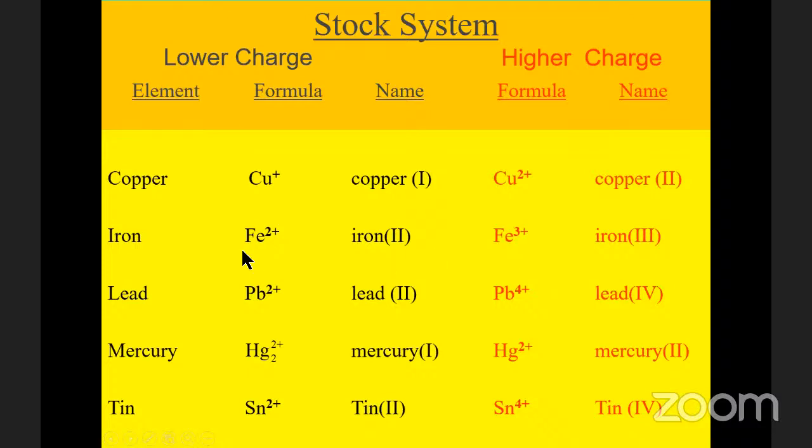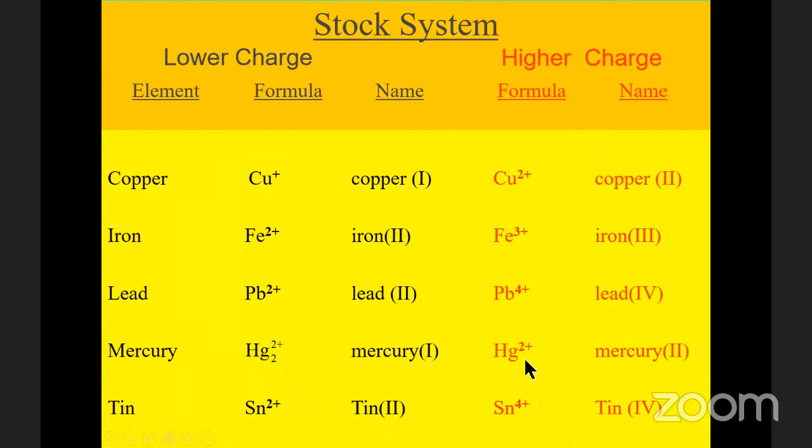Those are the symbols, and these are their names. This one is called iron(II), and this one is called iron(III). And then we have lead, which exists as 2+ or 4+ in terms of their ionic charge. So the 2+ form of lead ion is called lead(II), and the one that carries a 4+ charge is called lead(IV).